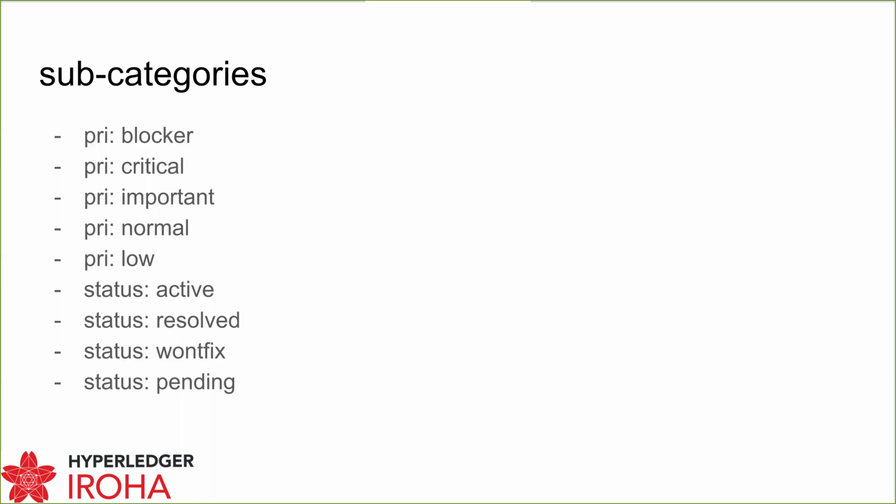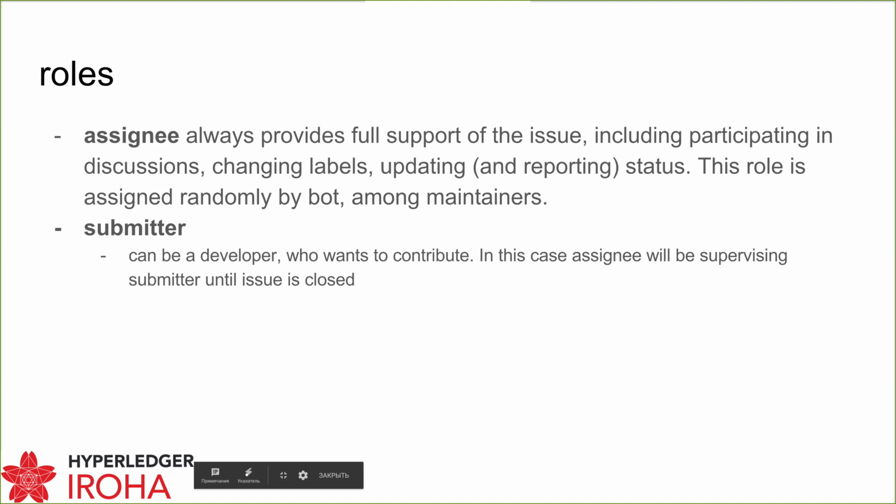So we will have subcategories. One subcategory is priority, and another is status. We will have 5 priorities and different statuses: active, resolved, won't fix, pending. In the system, the bot will maintain 2 roles. Assignee is the one who follows the issue, who provides full support on this issue, including updating the labels, discussion, and everything else.